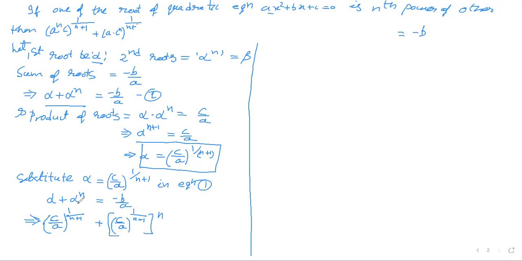It is alpha to the power n, right? So the value of alpha is (c by a) to the power 1 upon n plus 1, and whole to the power n. Is that clear to you? Yes, sir. Equals minus b by a.